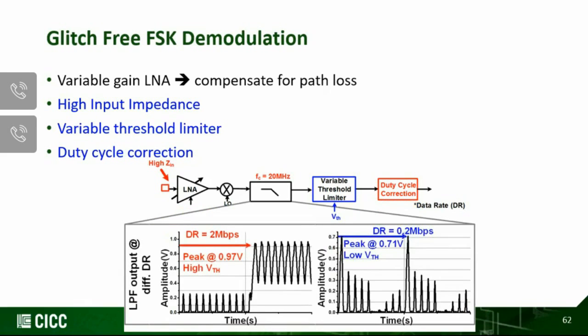You can see from this measurement that the low threshold voltage corresponds to a data rate of 0.2 megabits per second, while the high threshold corresponds to a data rate of 2 megabits per second, to distinguish demodulation.